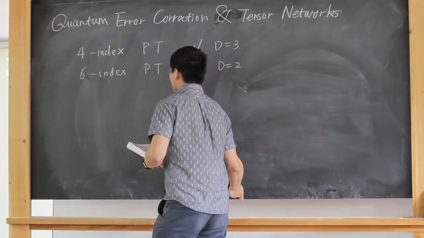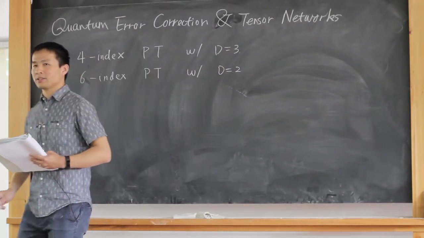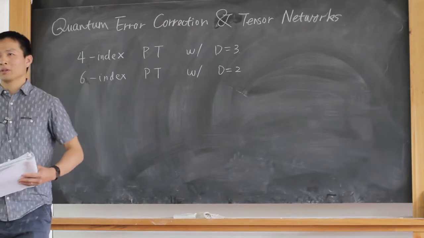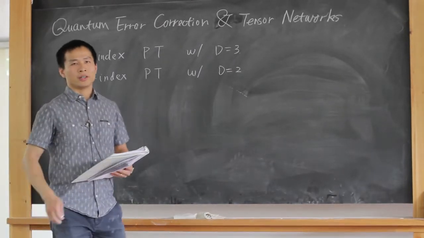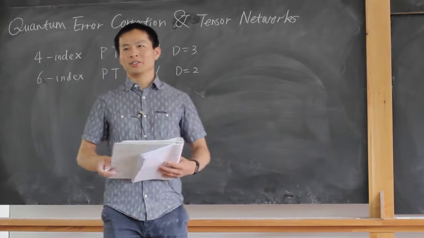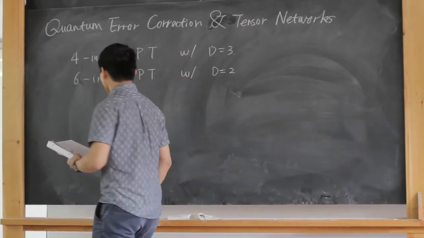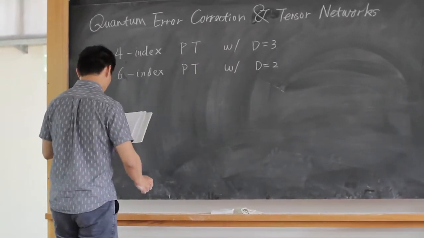So now I can use these two perfect tensors to write down essentially two toy models, one of which we already discussed, but let me write them down in a slightly different way.